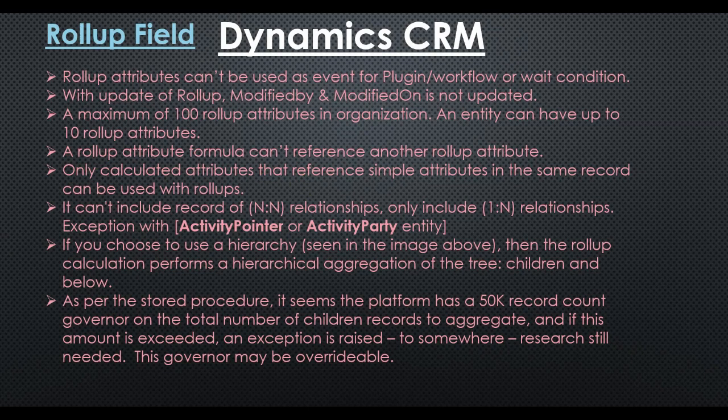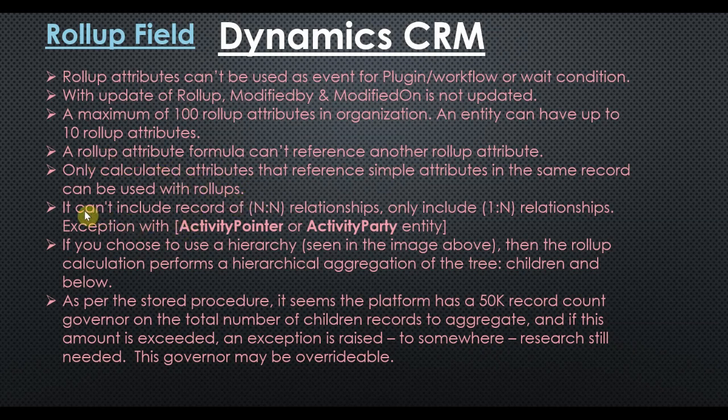In the case of a rollup attribute, you can't reference other rollup attributes. However, if you want to reference another calculated attribute, you can do that. But that calculated attribute should not have complicated calculations, because if the calculated attribute is using another calculated attribute, then it will be more complicated. Those kinds of complicated calculated attributes you cannot reference in the formula of the rollup field.